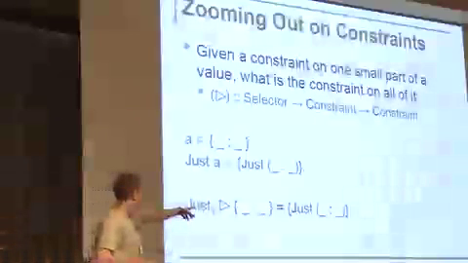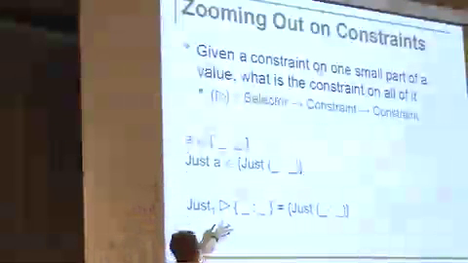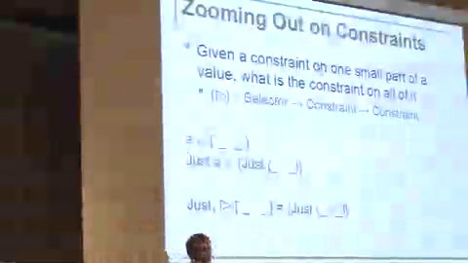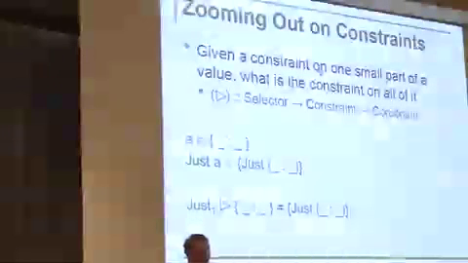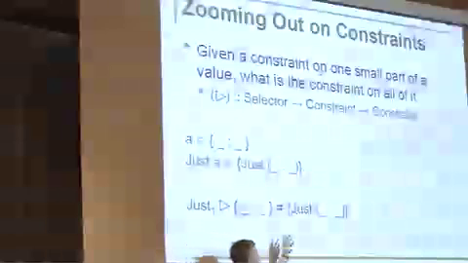And that's done just with this zooming out operator. So given a cons, if you've got the pattern cons, and you're wrapping a Just around the value that has the pattern cons, you now have the pattern Just cons.